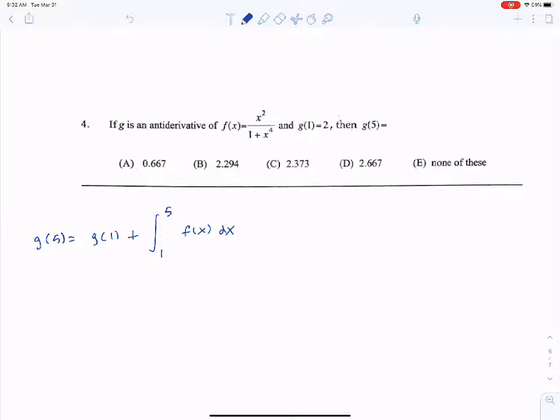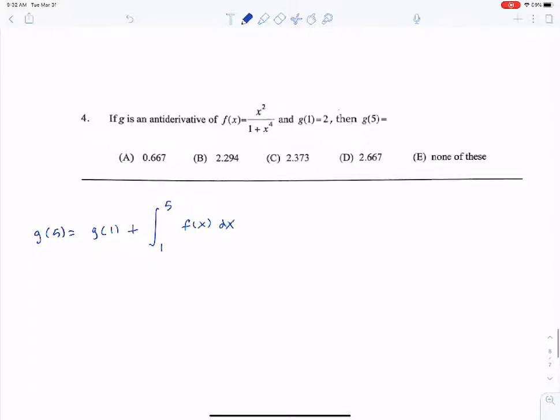In this case, g of 1 equals 2, plus our definite integral from 1 to 5 of this function. From here, this is all calculator stuff.